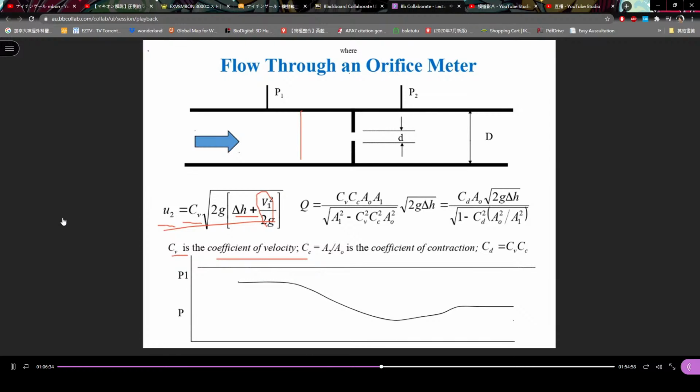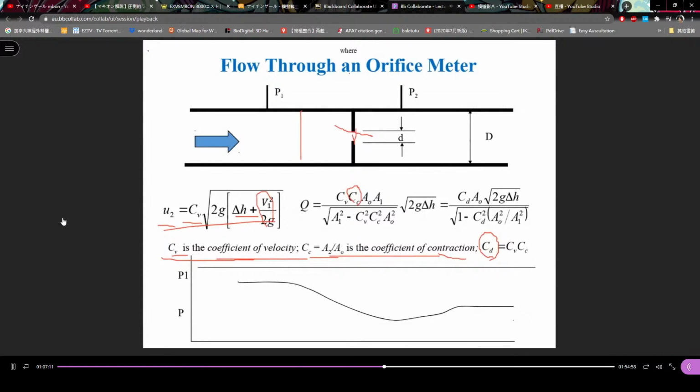This is A2. The coefficient of contraction, CC. Sorry, CV means the coefficient of velocity, and CC means the coefficient of contraction. Here we add another one, the coefficient of contraction, and we also have CD here.